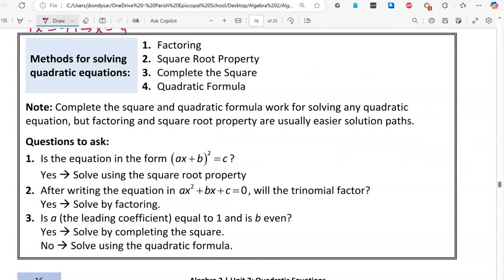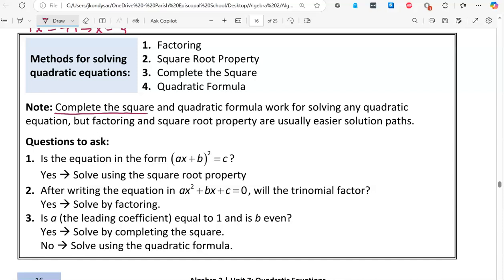I know you have probably been wondering, hey, we have all these methods for solving quadratic equations: factoring, square root property, complete the square, quadratic formula. When do I use each one, and what are the pitfalls that I need to look out for? I'm so glad that you asked that. So, a quick note about them.